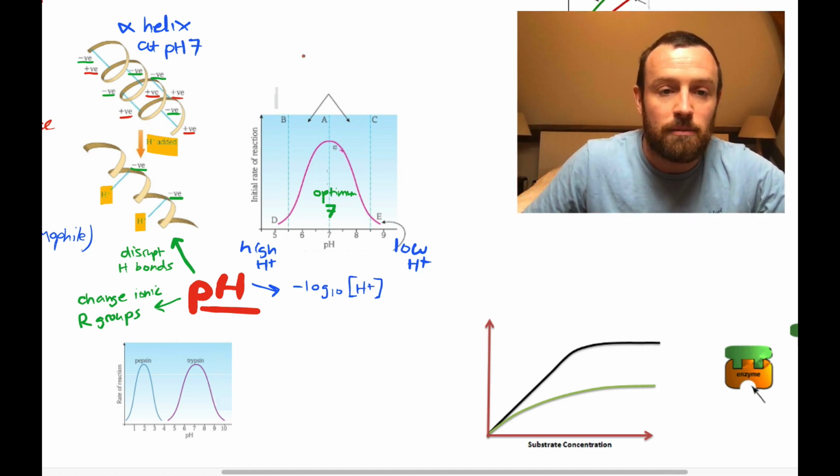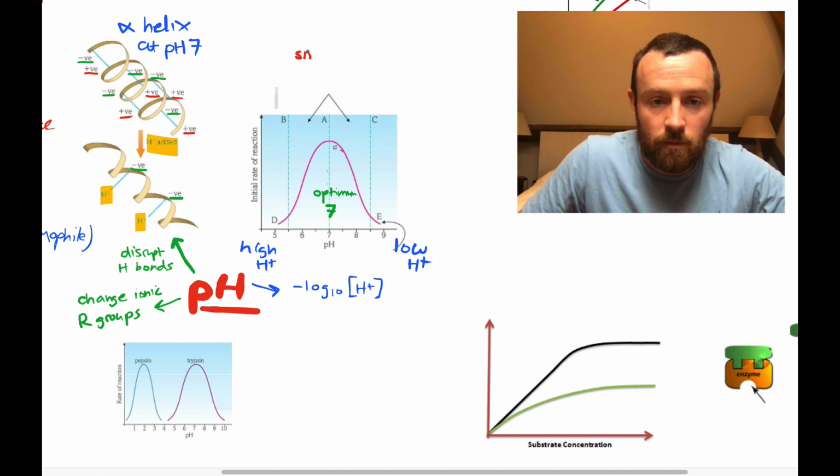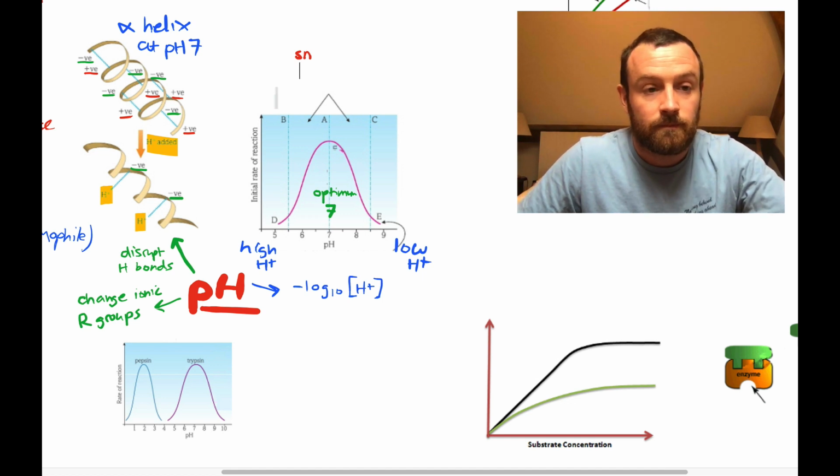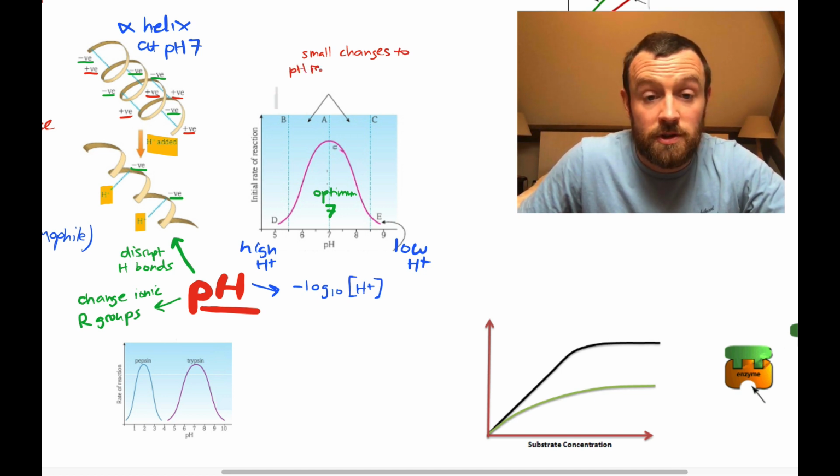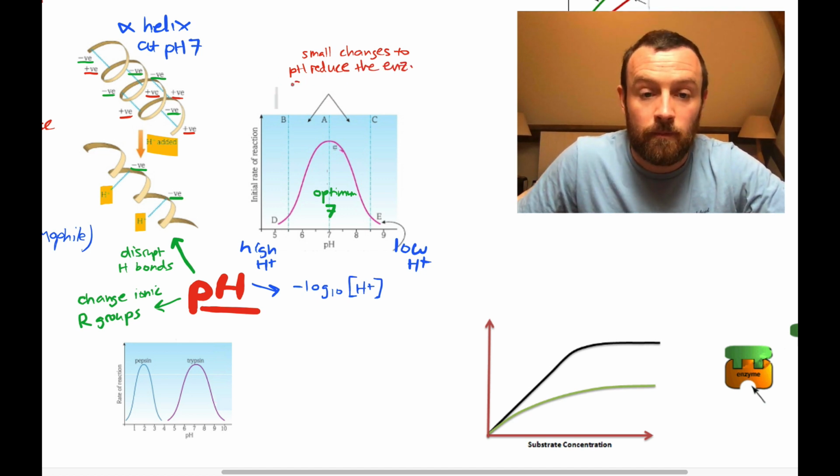So let's label that up here. Small changes to pH reduce the activity of the enzyme.